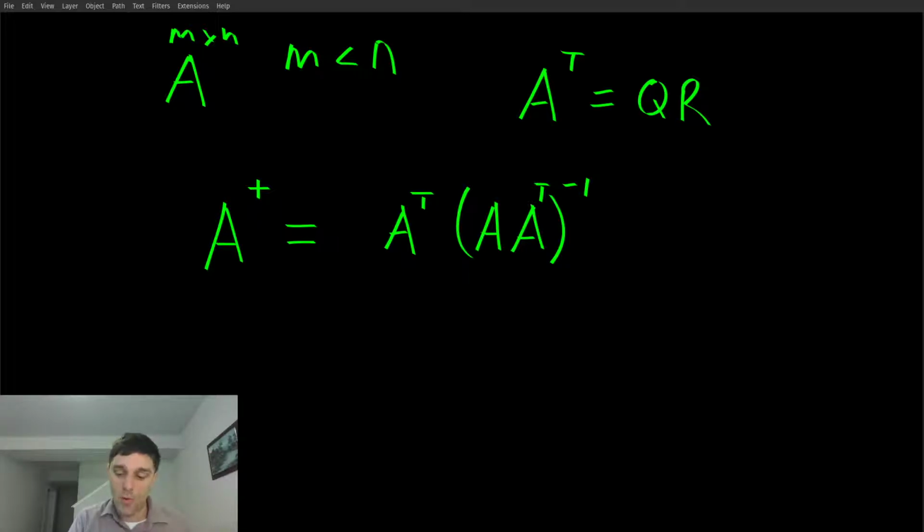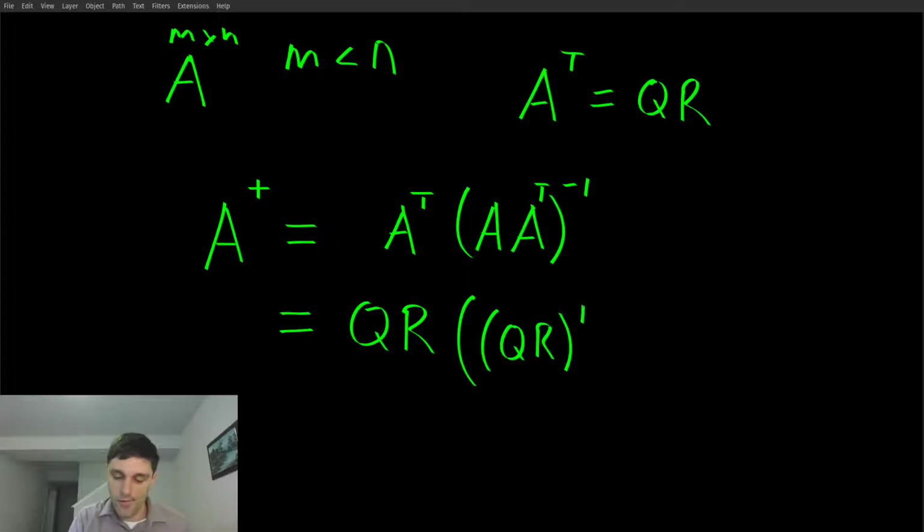So now we can do exactly the same sort of trick here. A transpose, well, that's QR, right? And then A, well, that's going to be QR transpose. And then A transpose, that's QR again, inverse.